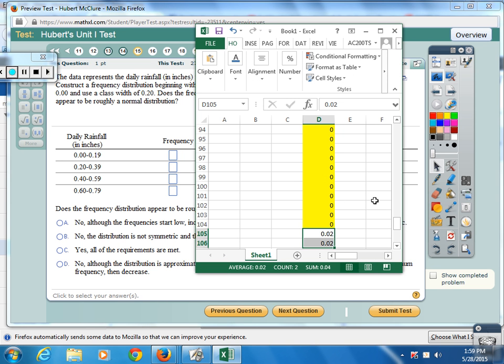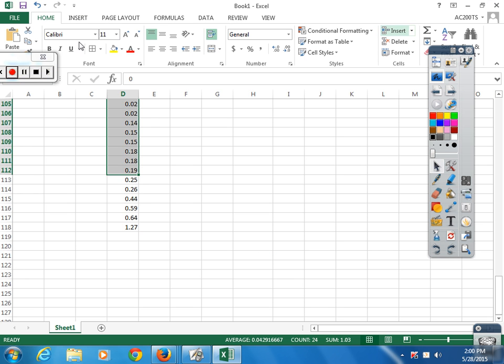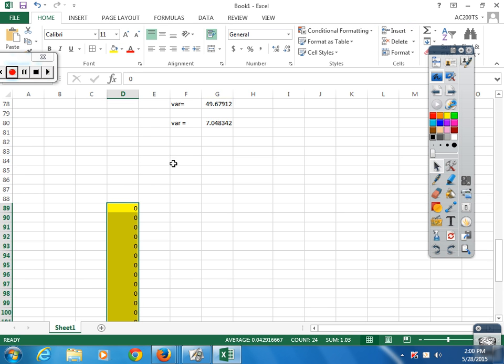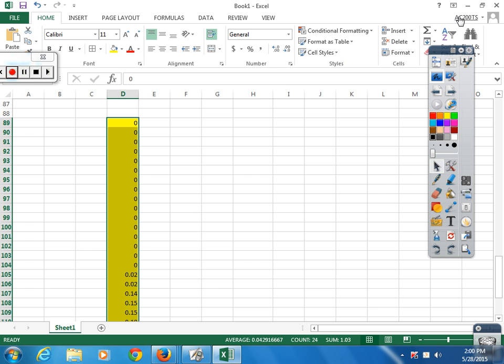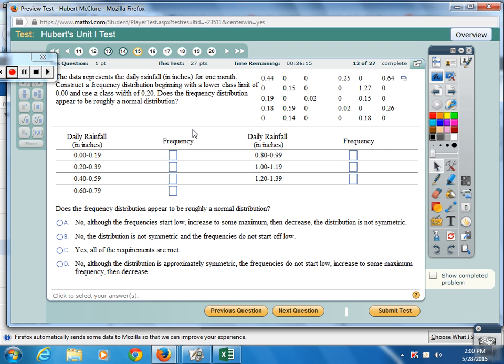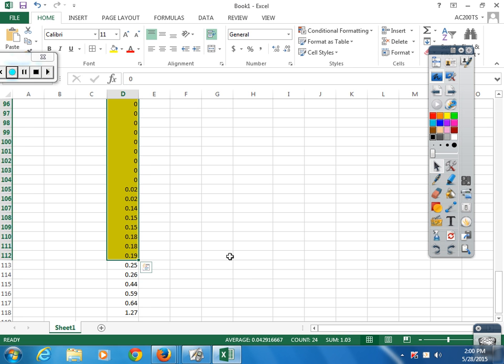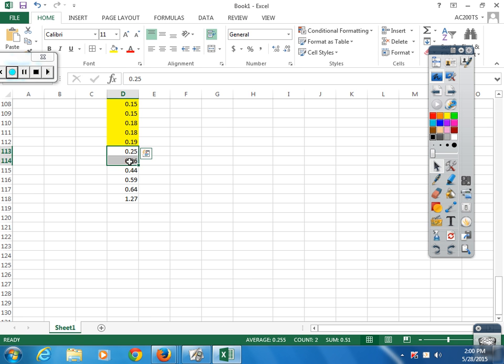0 to 19 cents. There you go. And that's yellow. Next one is 20 to 39 cents.